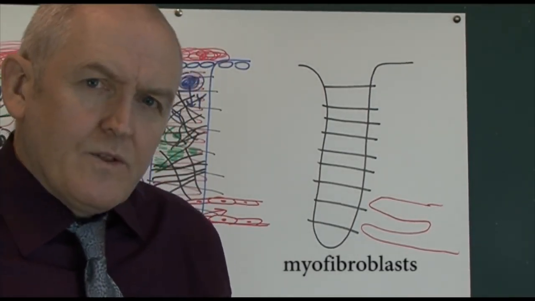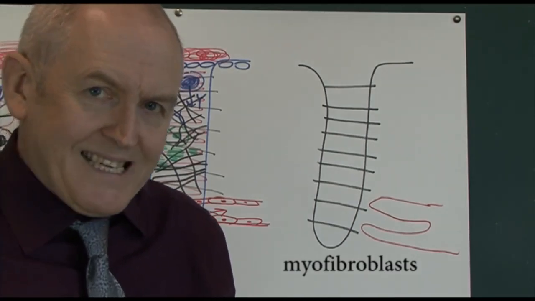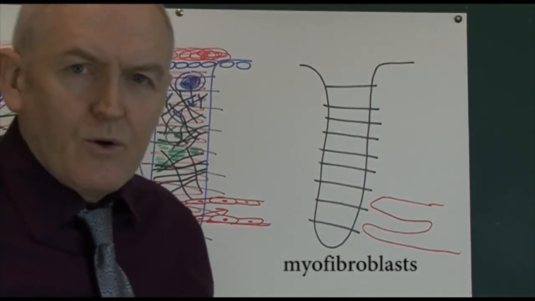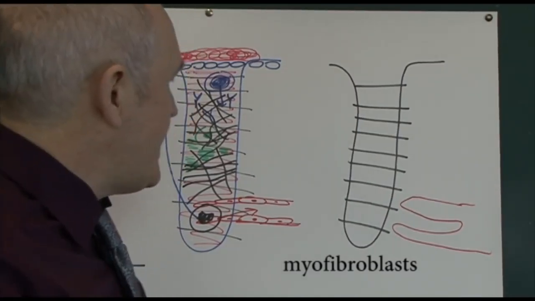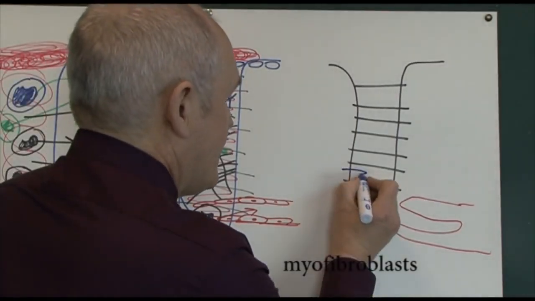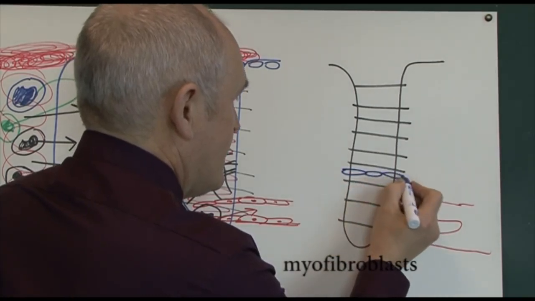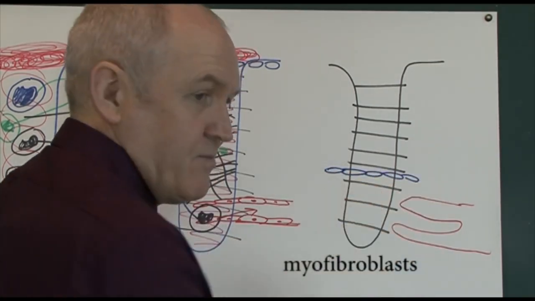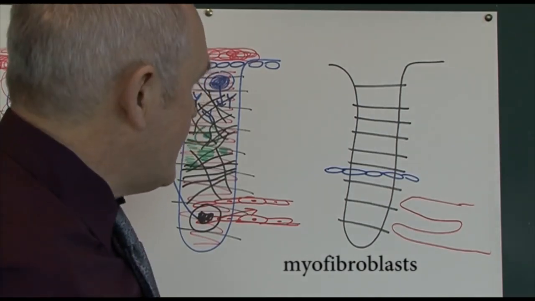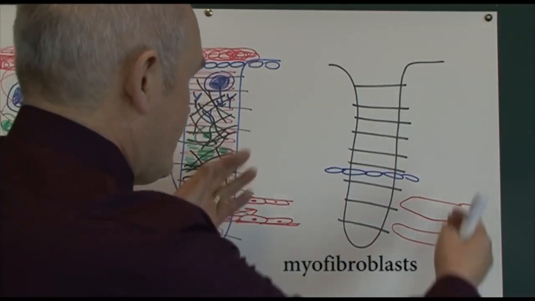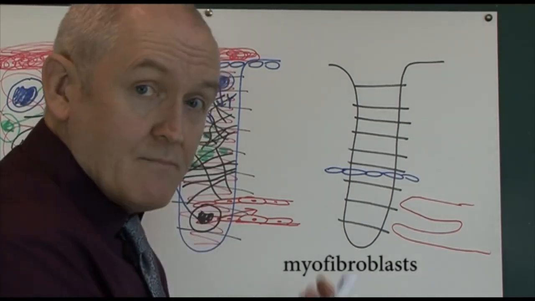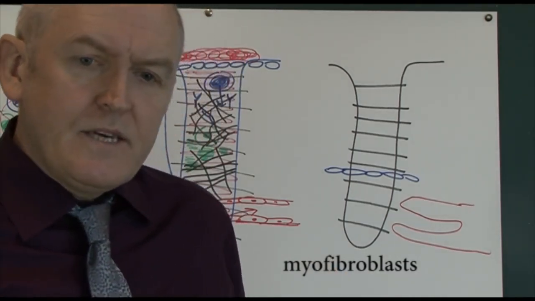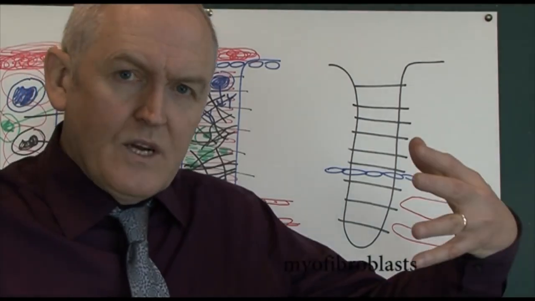And the reason we call them myofibroblasts is because they look a bit like smooth muscle. So we're going to get chains of fibroblasts in the wound called myofibroblasts. And these are going to be attached to the two edges of the wound. And just like smooth muscle, but happening much more slowly, these myofibroblasts will contract.